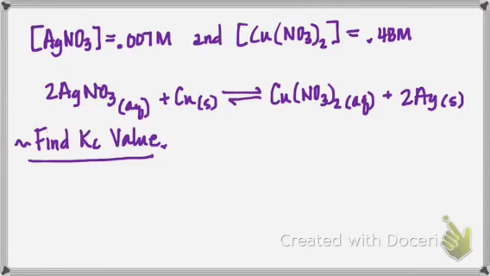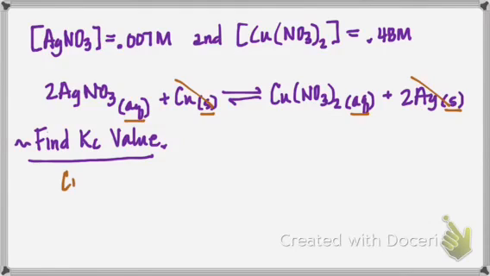I'm going to look at my states of matter. I have aqueous, which is fine. I have solid, I don't want that, so I'm going to ignore that. I have aqueous, which is good, and then I have a solid again, I don't want that, so I'm going to ignore it. So I'm going to go ahead and write my expression.